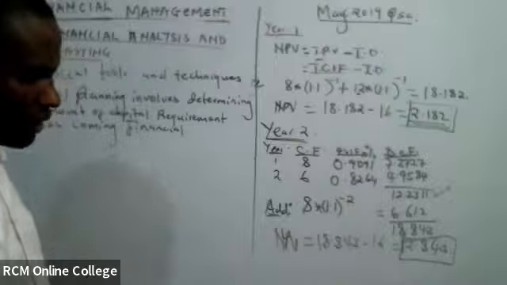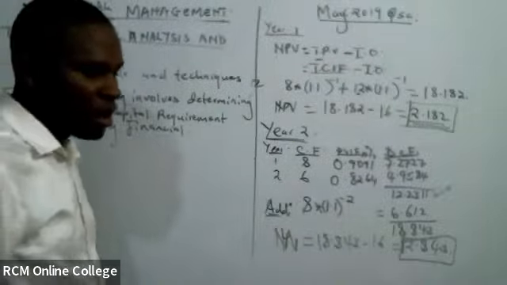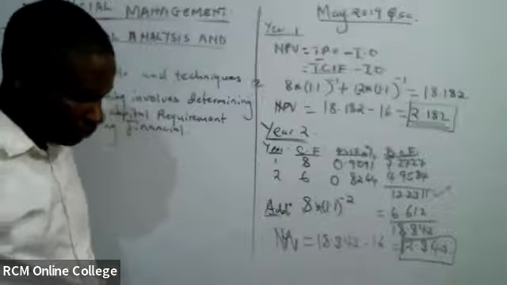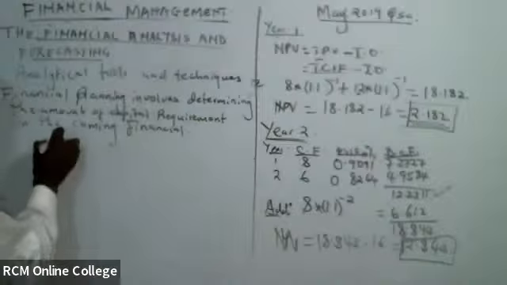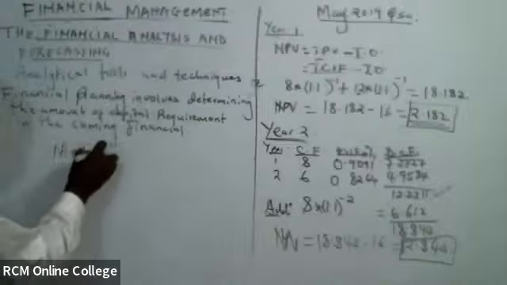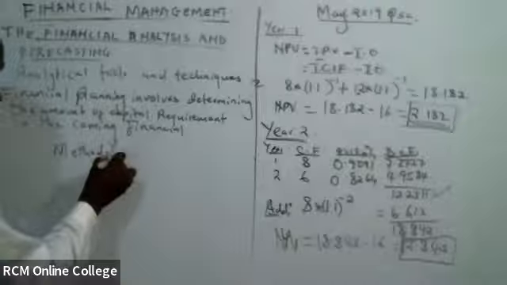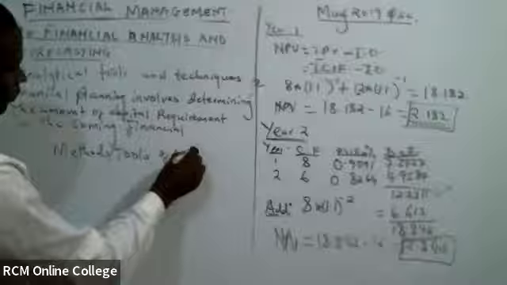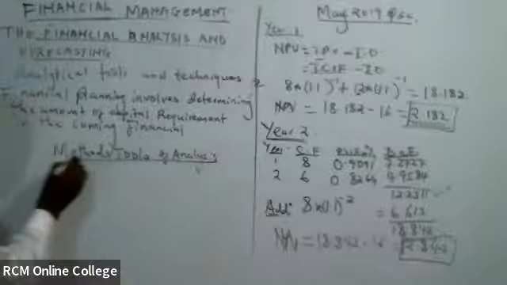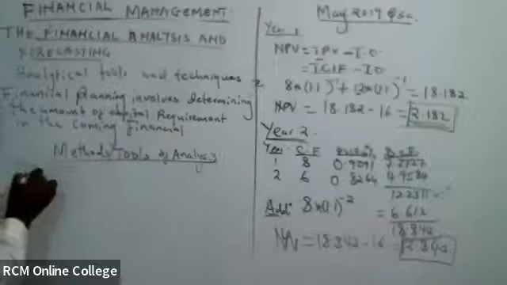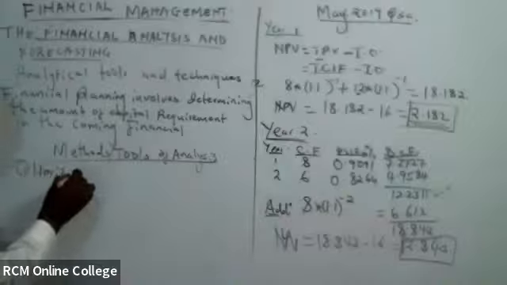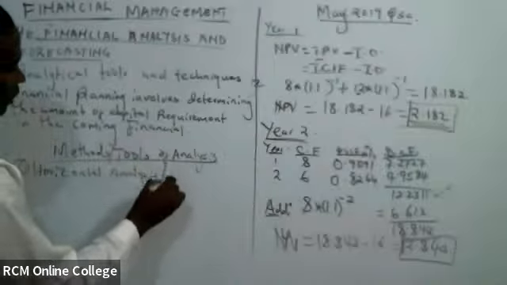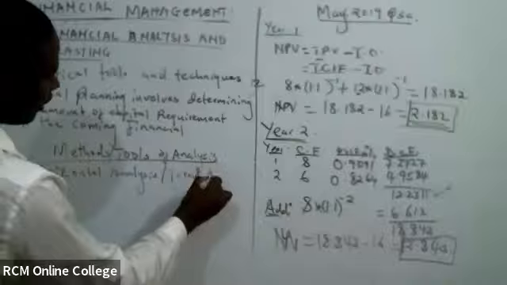Now, as we say that we have several methods or tools of analysis. We have one, horizontal analysis. And we have said horizontal, class, is the same as trend analysis.